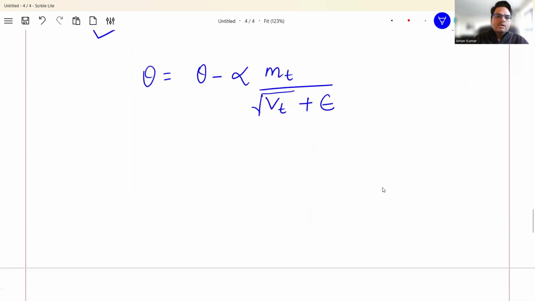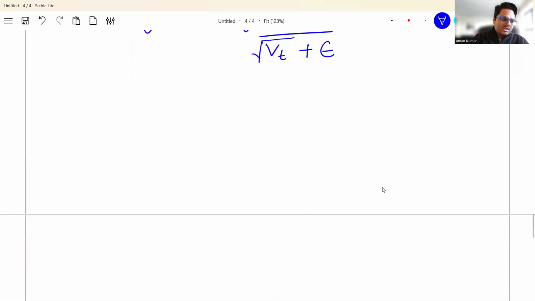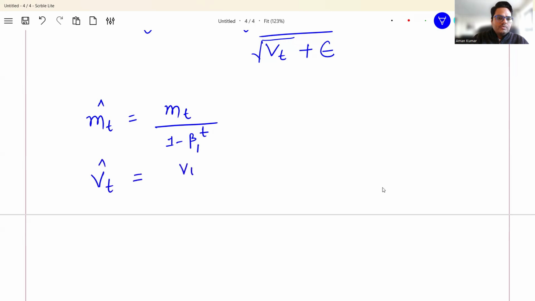Okay. One more concept before we wrap up Adam is, in Adam, you use the concept of something known as bias correction. And how bias correction works is basically, from MT, internally a new term is derived, that is MT by 1 minus beta 1 T. Okay. And from Vt, one new term is derived, that is called Vt by 1 minus beta 2 T. Okay.